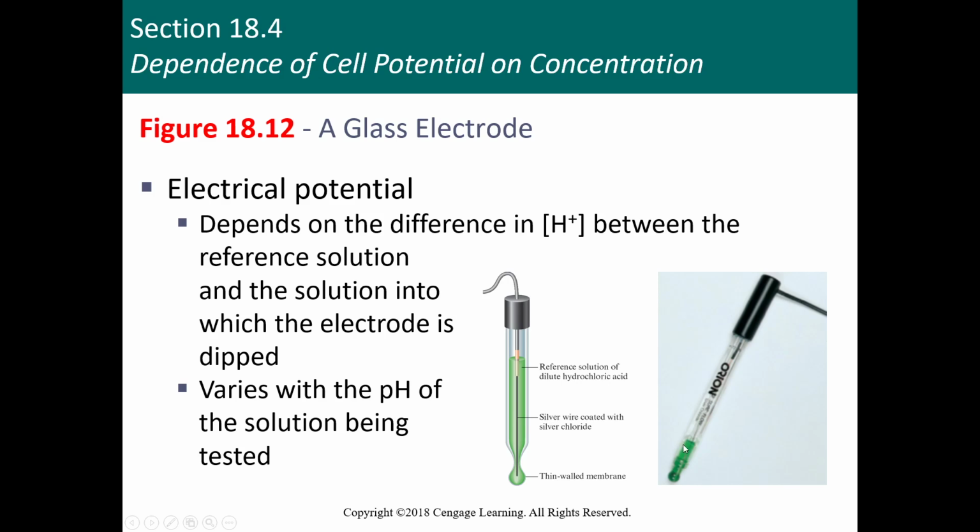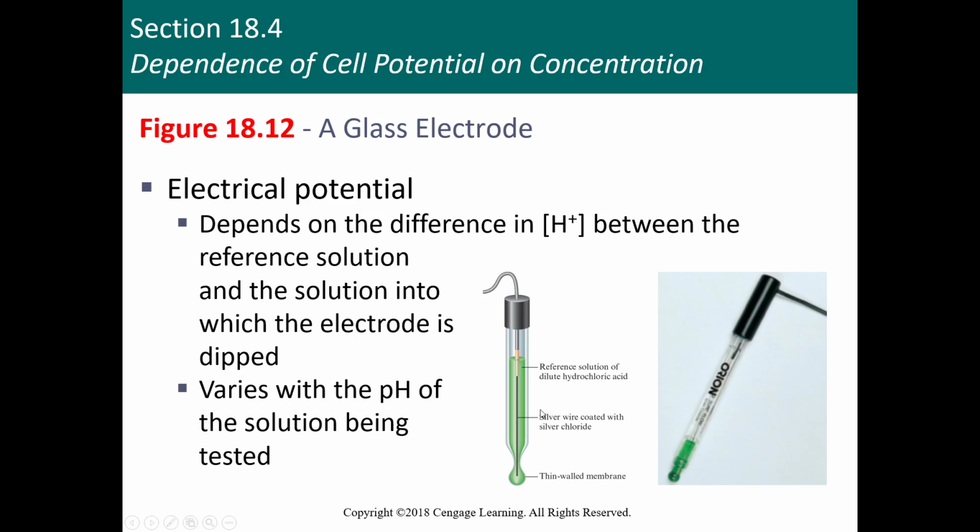And you can actually see the solution in here as well, which is your reference solution of dilute hydrochloric acid. That's typically going to have 1 molarity of H+, but you don't have to have 1 molarity of H+. You could calibrate it. Usually you have to calibrate it because the solution amount in here oftentimes gets messed up due to being old, right?